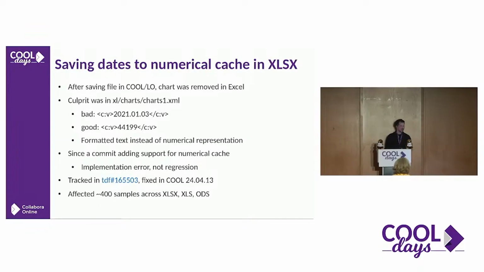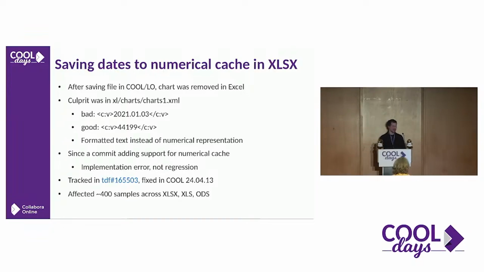This other issue was related to saving numerical dates in the numerical cache in XLSX formats. In the buggy state, charts that had these cached values were removed in Excel, and that was not great. It turns out the problem was that in the XMLs, instead of the canonical integer representation of dates, formatted dates were saved.